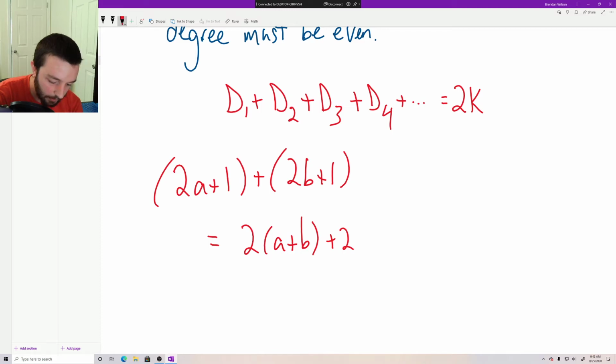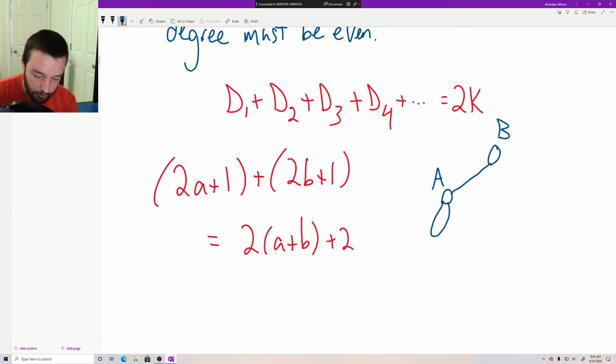So I'm thinking I misspoke in the last video now. Let's verify. Okay. If we have something like this, where there's a loop, and then there is a, we just have these 2 vertices.